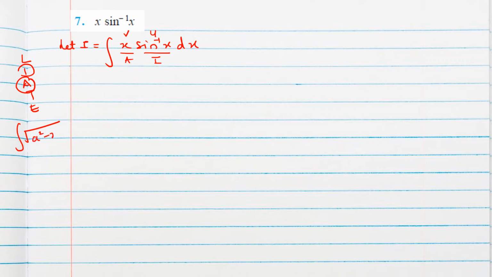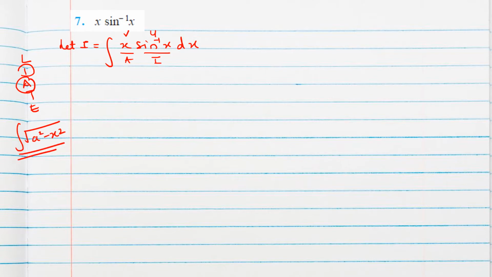Question number 7. So let the integral be I. So here we will substitute, because directly also we can take. This is algebraic and this is inverse, isn't it? So the LIATE rule will come. So inverse and algebraic. So this will be our u, first function, this will be our v. But if you proceed, inside one integral will come of this type, a square minus x square.